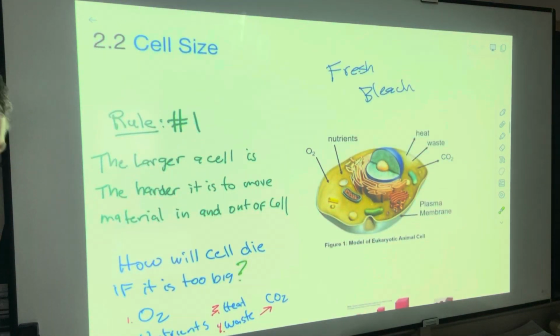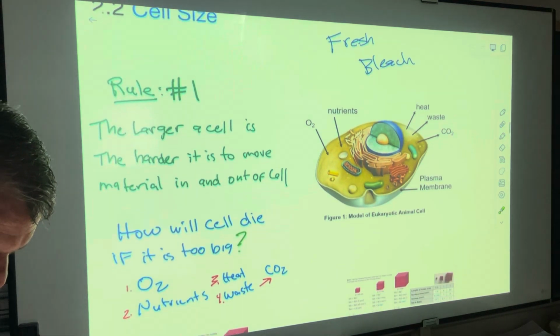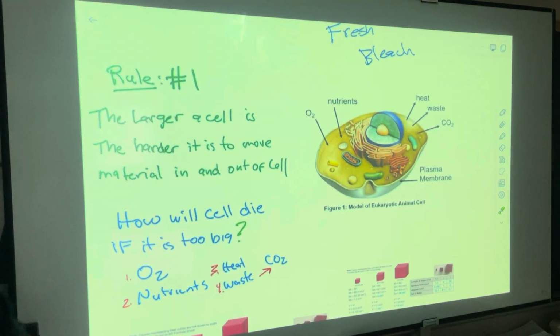Okay, so now there are fundamental rules of physics that dictate why cells behave the way they do. In rule one, and there's going to be two rules I want you to look at, a larger cell is harder to move material in and out of, right? So the bigger the cell, the material is going to have not say a harder time, but it's going to take a longer amount of time.